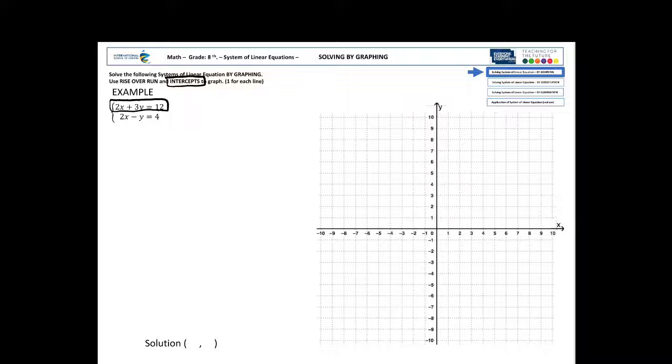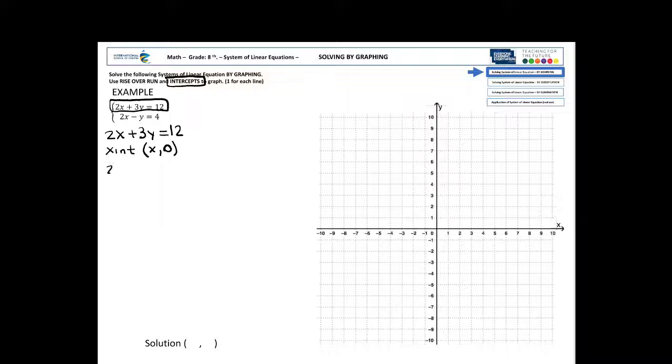So first intercepts. The line is this one here, 2x plus 3y equals 12. So recall that x-intercept is any point where y is 0. So all x-intercepts are points where the y coordinate is 0. So let me replace in this equation y by 0.